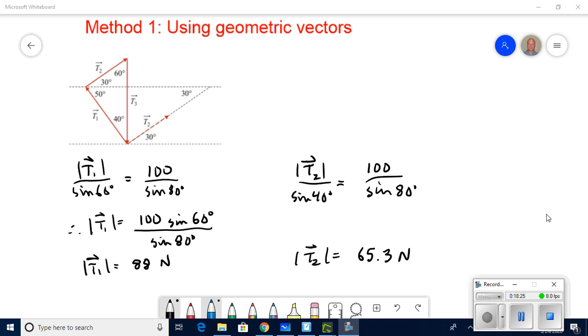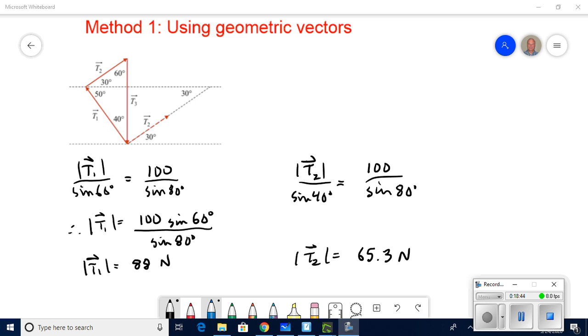Notice what I've done with geometric vectors. I've moved the second tension force vector up here to the end so that the tail of the second tension vector is attached to the head. I've made a triangle basically. So I'm adding these vectors here.